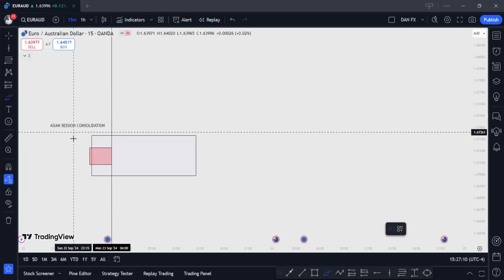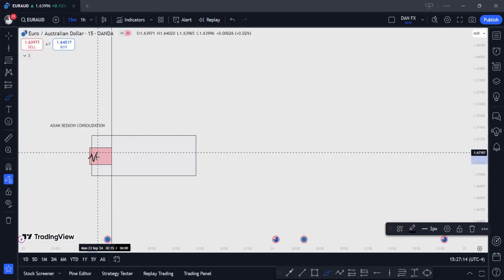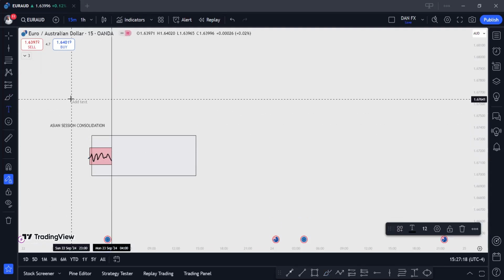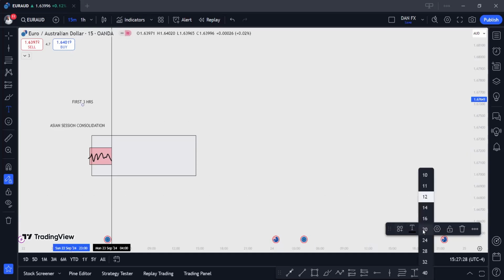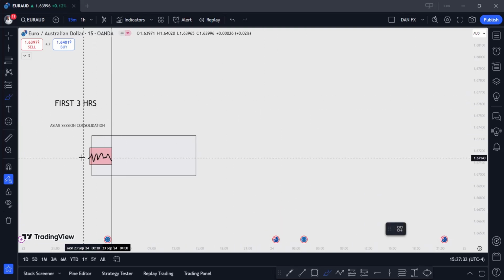So what's going to happen is the market is going to open and it's going to consolidate a bit in here. It's going to be the first 3 hours. Let me write that first 3 hours. All right, so this is going to be your first 3 hours. Price is going to consolidate inside there.